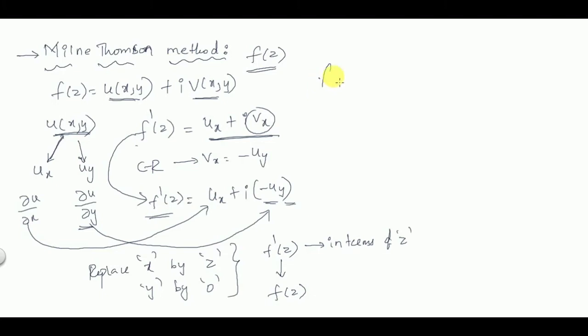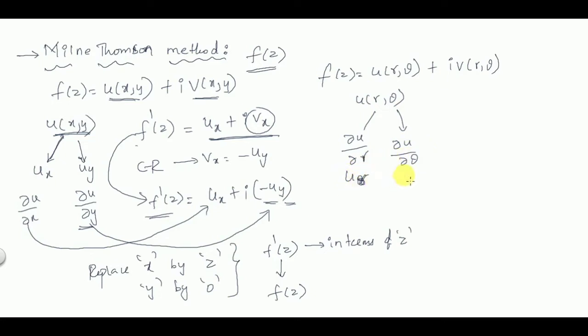Suppose you are given the polar form, u of r comma theta plus i into v of r comma theta, and you are asked to find f of z. First of all, you have to find dou u by dou r and dou u by dou theta, that is ur and u theta.